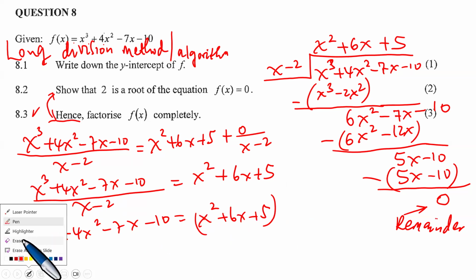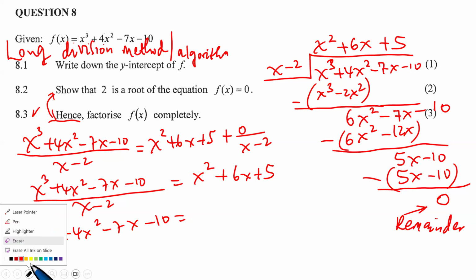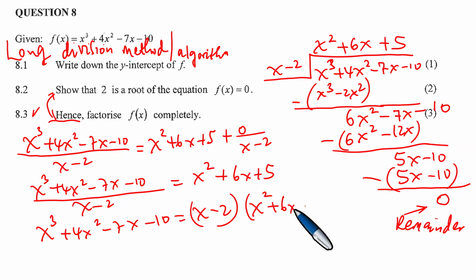Let me write this nicely. I feel that a nicer presentation would be that if you cross multiply, the x minus 2 is going to come and sit here. By so doing, you have x minus 2 times x squared plus 6x plus 5.